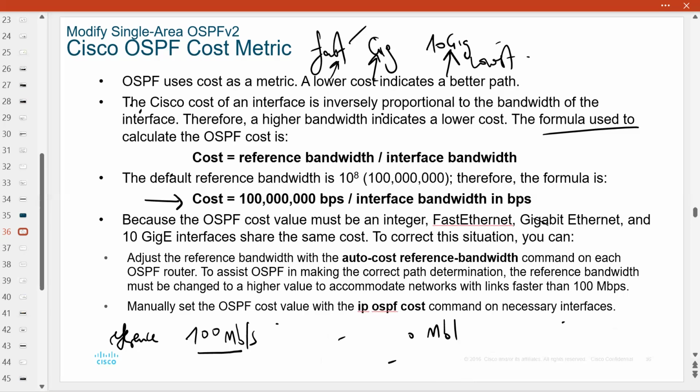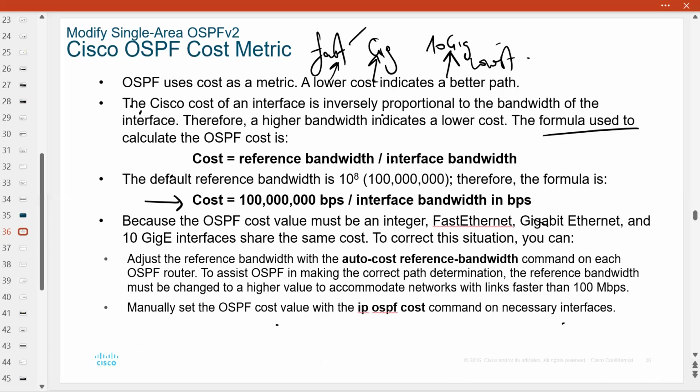So that's how, by default, Cisco routers calculate the cost. For Fast, the cost is 1. For Gig, the cost is 0.1. Lastly, for 10 Gig, the cost is 0.01 by default.